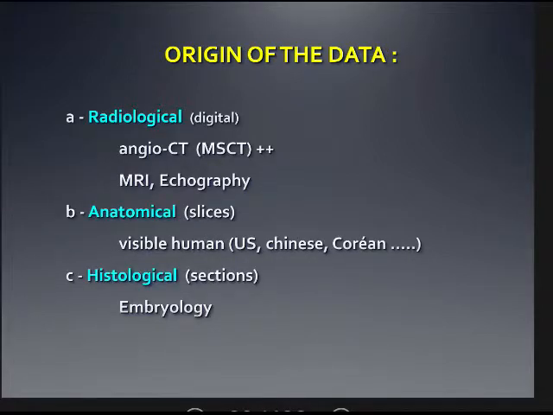So, origin of data, radiological could be angio-CT. It's mainly CT scan more than MRI. For the anatomical, it's coming from the slices. You know the three Visible Human Projects. And lastly, it could also use histological sections. This is mainly for embryology projects.